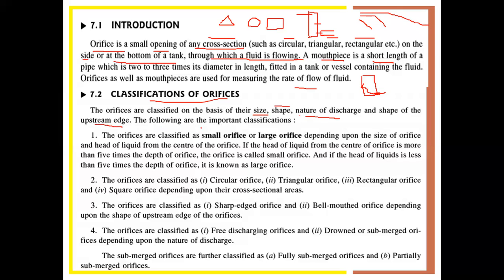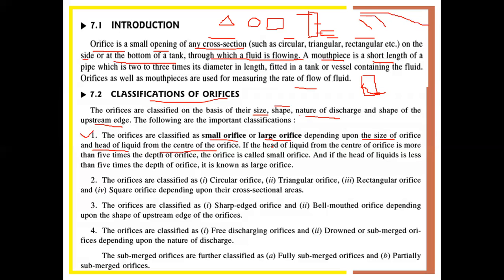The various types of classification are, first, small orifice or large orifice. These depend upon the size of the orifice and the head of the liquid from the center of the orifice.